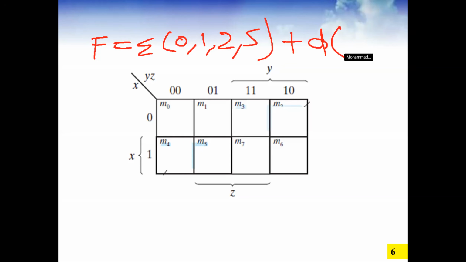We have these don't cares 3 and 6. We have asked you to simplify this function, so I think I entered it here with D for don't cares.